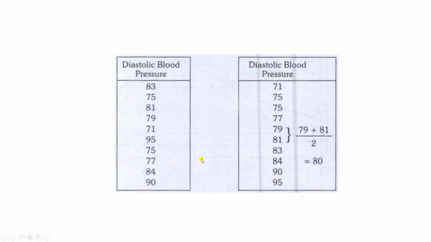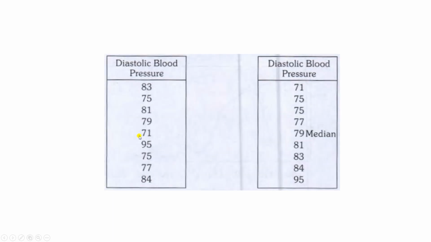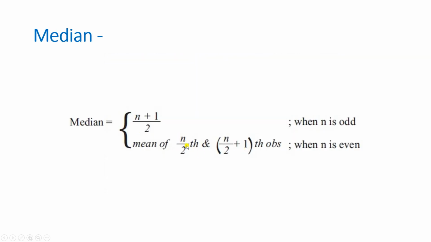Same thing here, but we have 10 values now. 1, 2, 3, 4, 5, 6, 7, 8, 9, 10. We arrange them in ascending order. Now let us see here, n by 2 first.